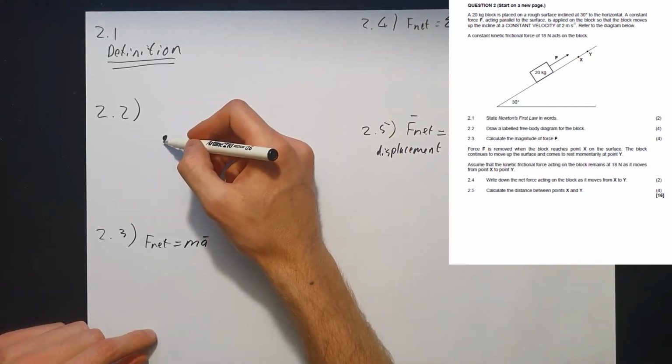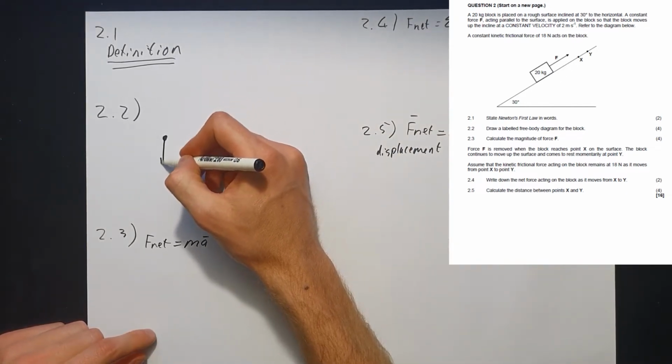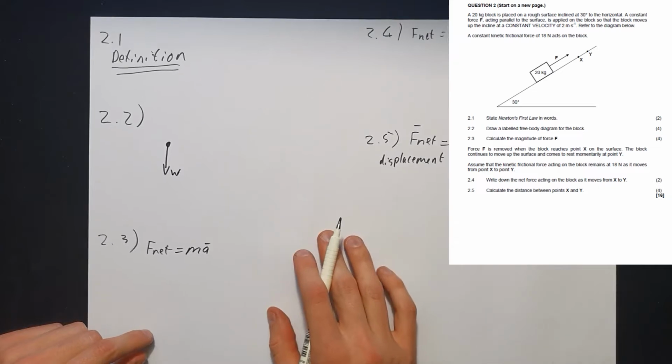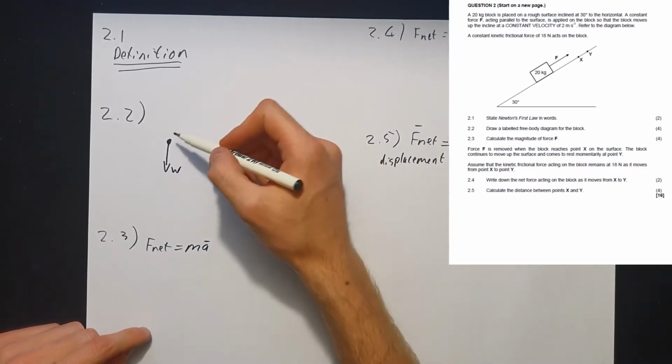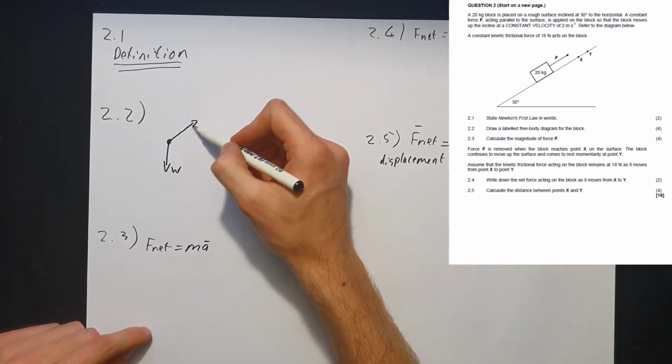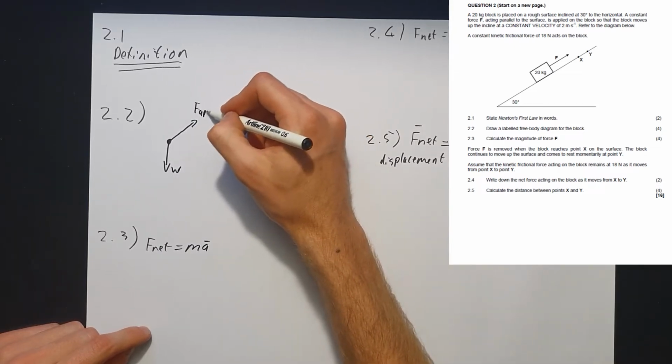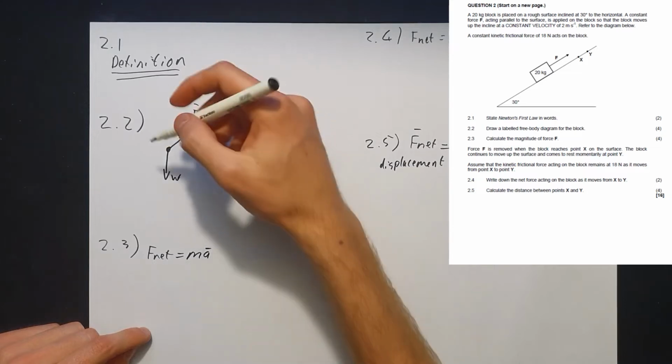So we're going to have our weight, or the force due to gravity, which always acts straight down. Then we're going to have the applied force, which sits at the angle which is parallel to the slope. This is F applied. Then we're going to have our normal force.